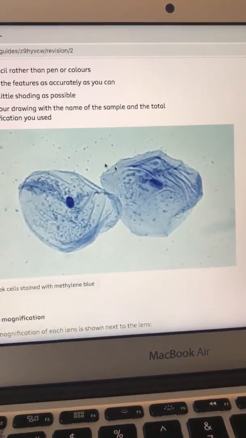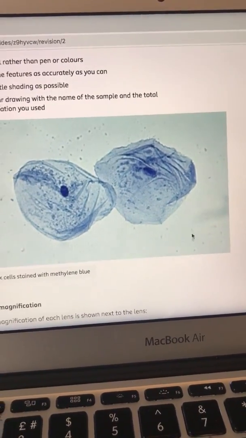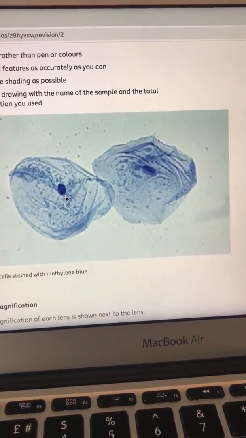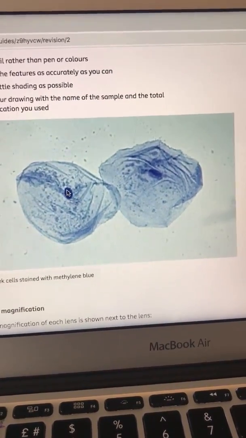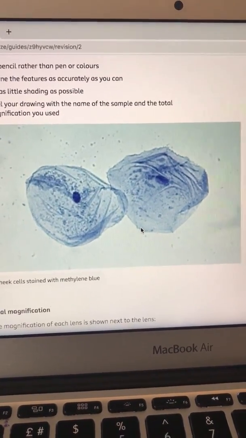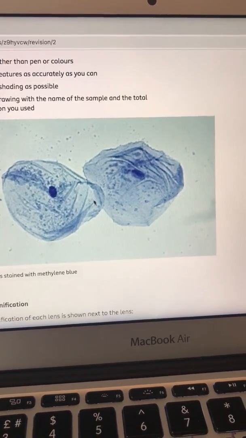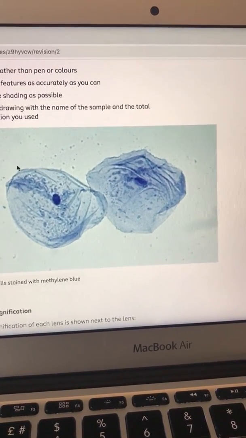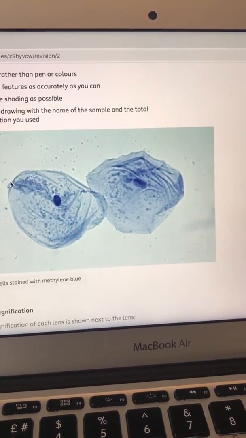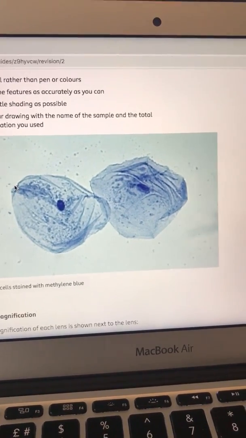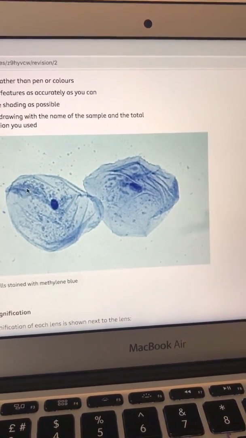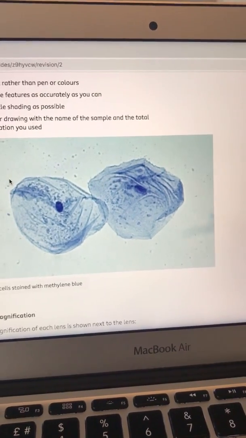Okay, and this one is an animal cell. This is a cheek cell. You can see the nucleus in the middle. The nucleus has the DNA and the genetic material. It also controls the cell. And then the cell membrane. The cell membrane gives the shape of the cell, and it is a semi-permeable membrane, which means it controls what goes in and out of the cell.